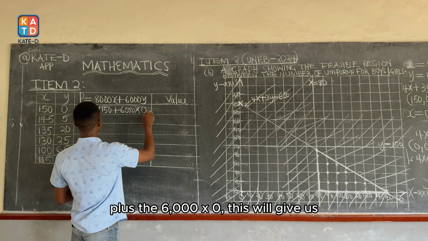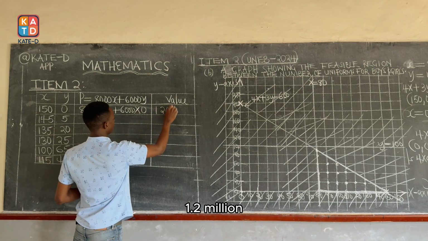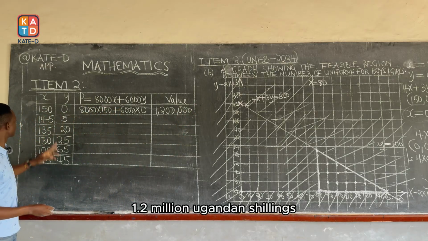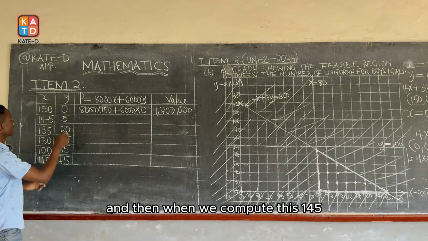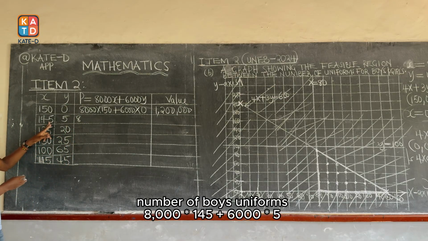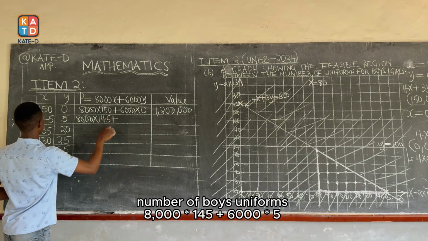This will give us 1.2 million Ugandan shillings.